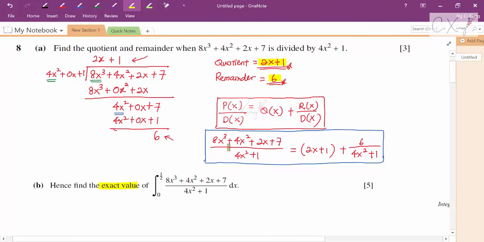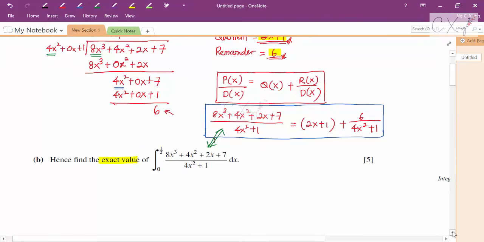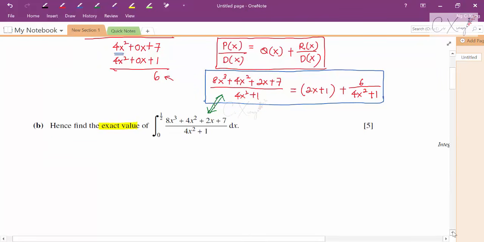They are the same. Therefore, when you want to go through the integration for this question, I need to use this result to continue with the integration. So how are you going to do that?